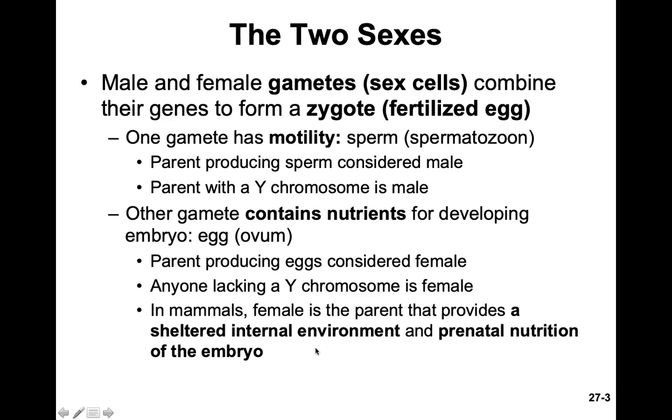Females will provide shelter for the growing embryo. So the shelter is mom's body. They will provide prenatal nutrition of the embryo. So basically, baby feeds through mom.